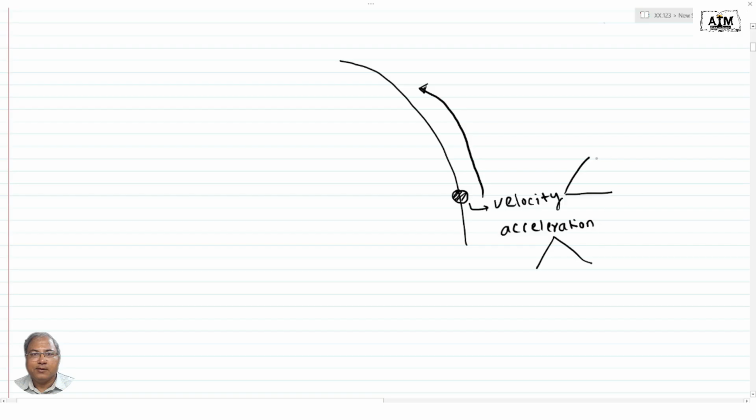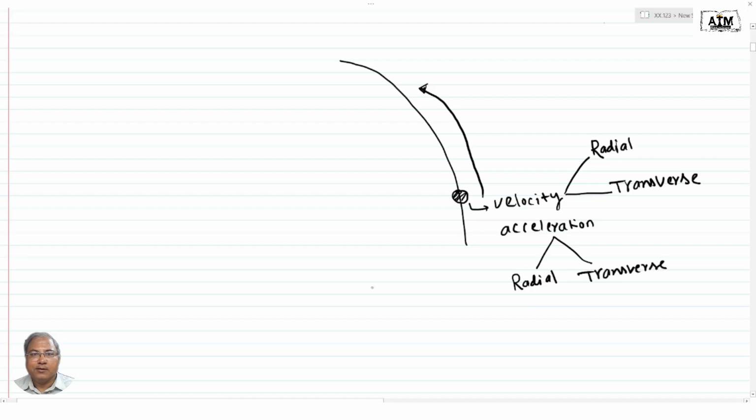What are the two components of velocity? One is a radial component, another is a transverse component. Similarly, acceleration will have a radial component as well as a transverse component.